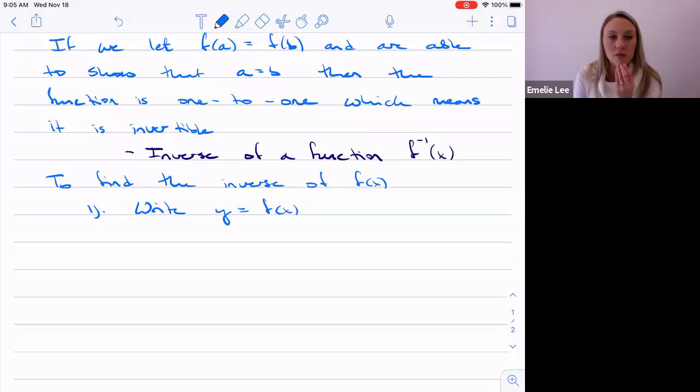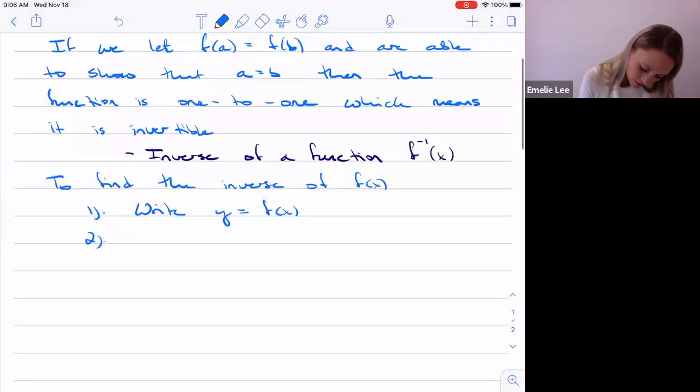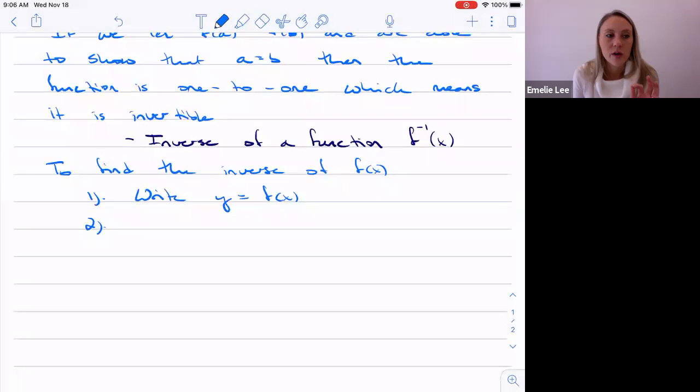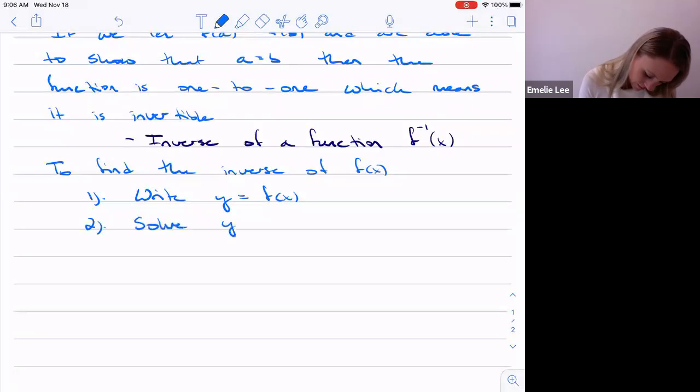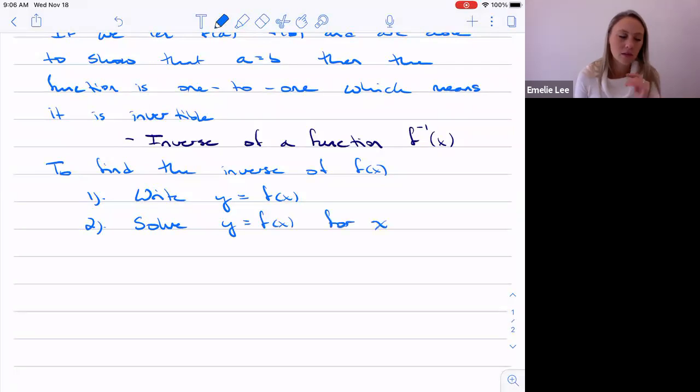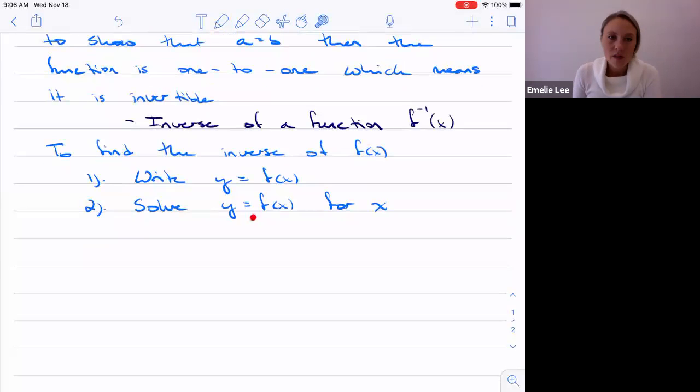So y equals the function, right, x -2 over x plus 2, for example. Then solve for x. Solve y equals f of x for x. Okay, so you have y equals f of x, and you're going to solve for x.